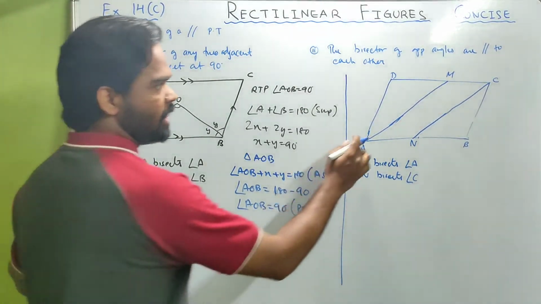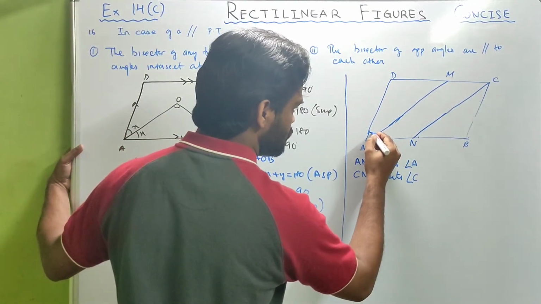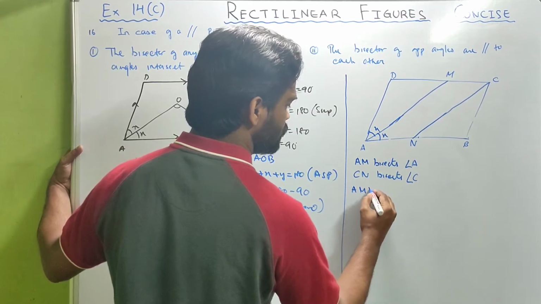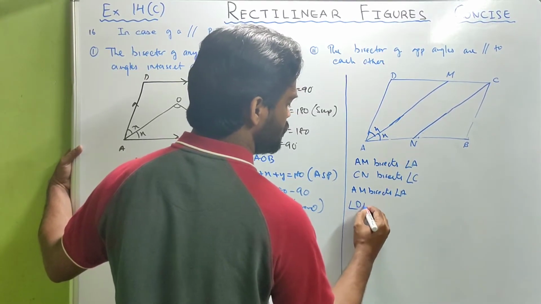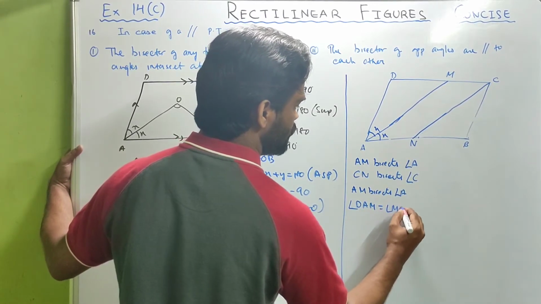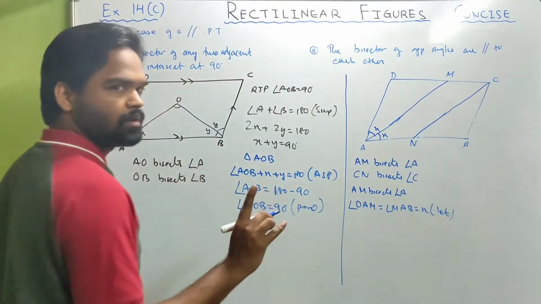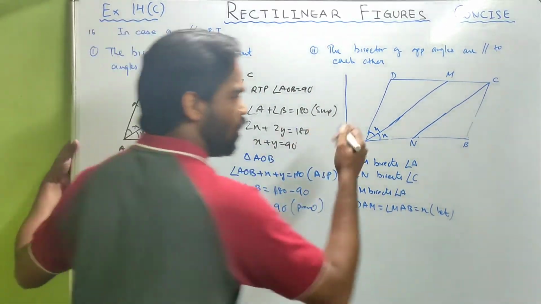Pretty easy. AM bisects angle A, which means can I say this is X and this is X? Angle DAM is equal to MAB is equal to X. Am I clear or not? Now, in a parallelogram, the opposite angles are equal.